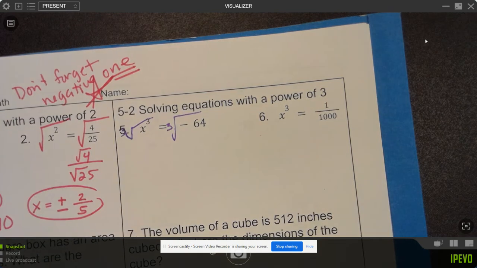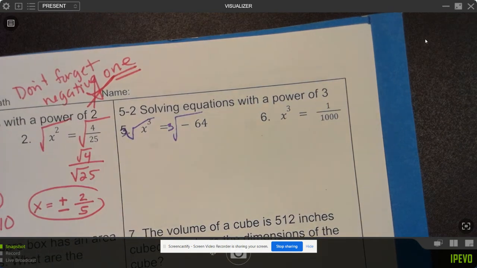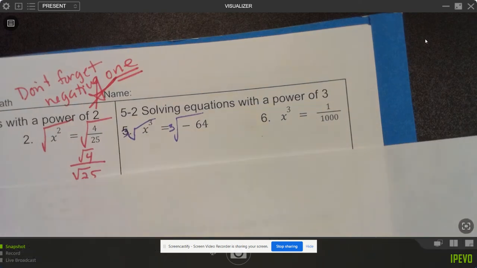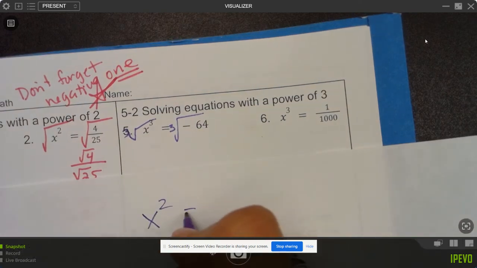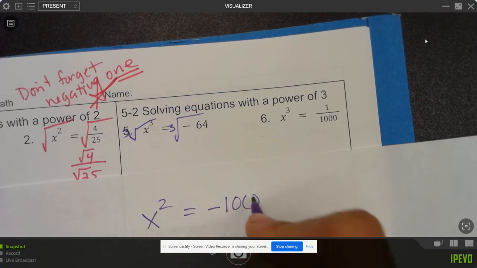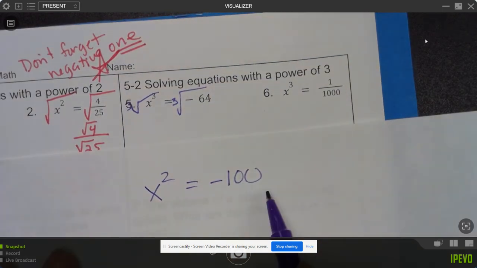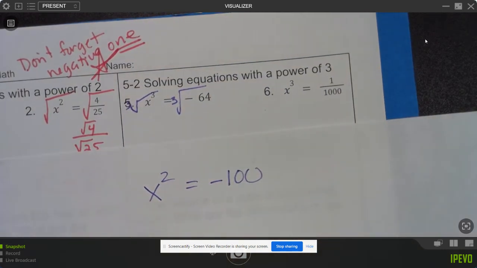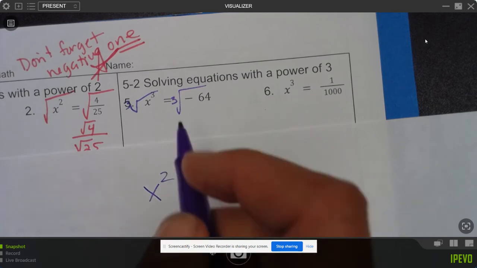Now, in the last chapter, it was impossible to have a negative, because any number times itself cannot be a negative. This right here is impossible under the numbers that we know of. It's imaginary, which we learn way further on. But that's not the same case here.